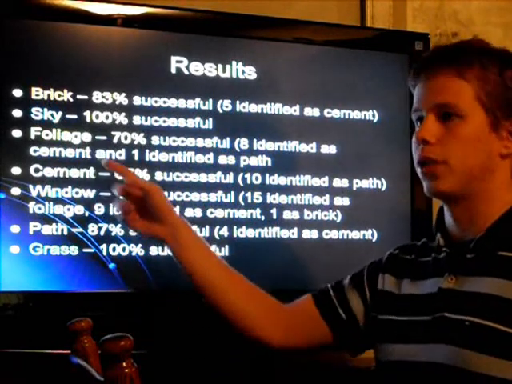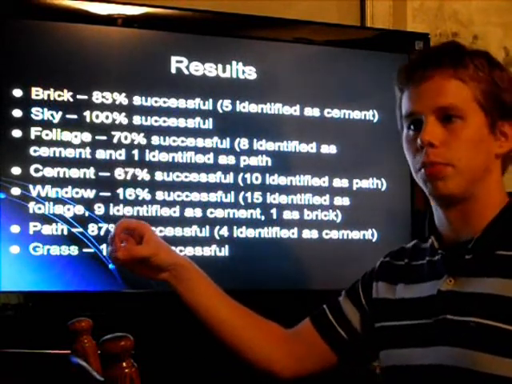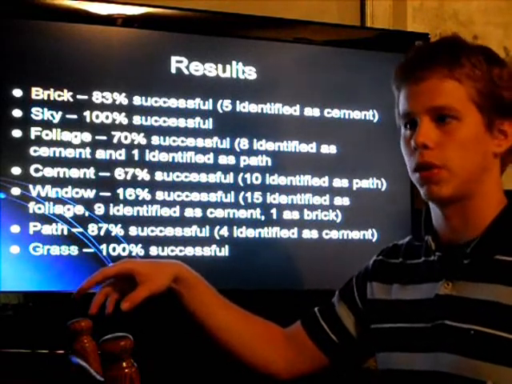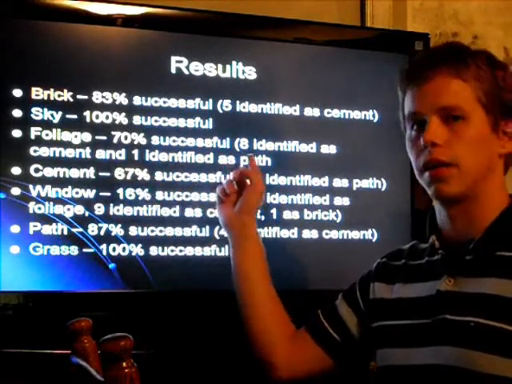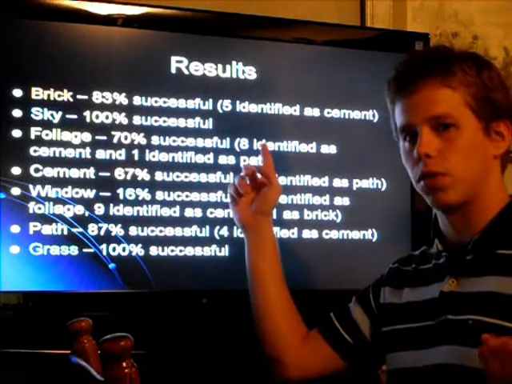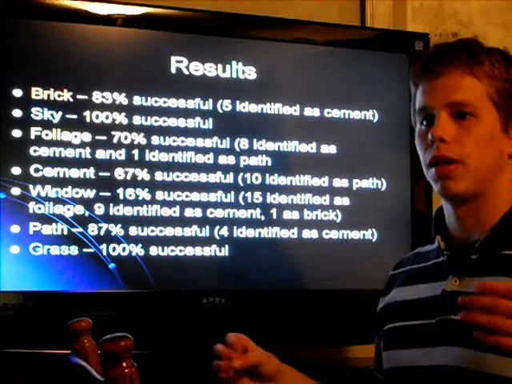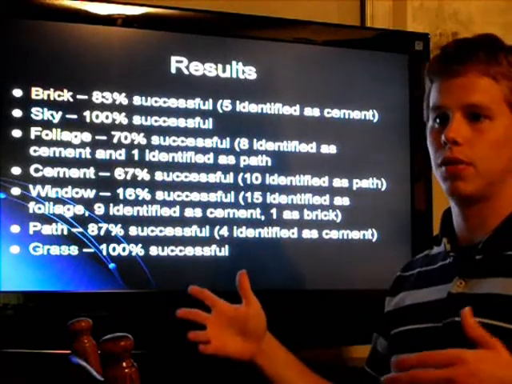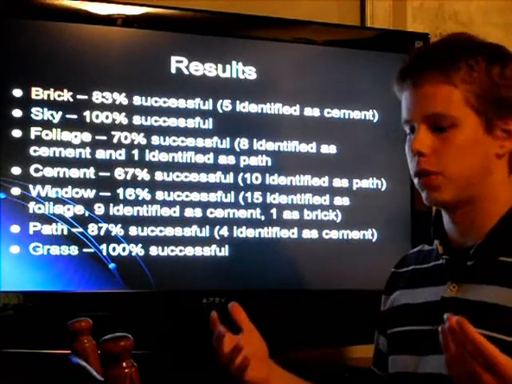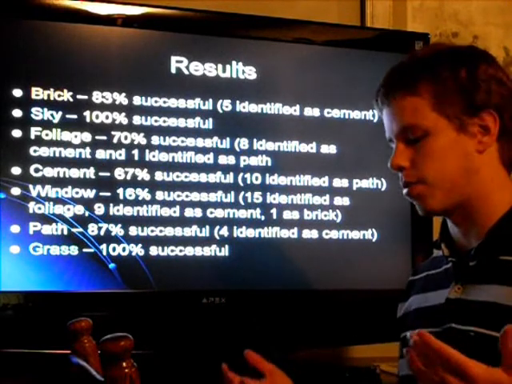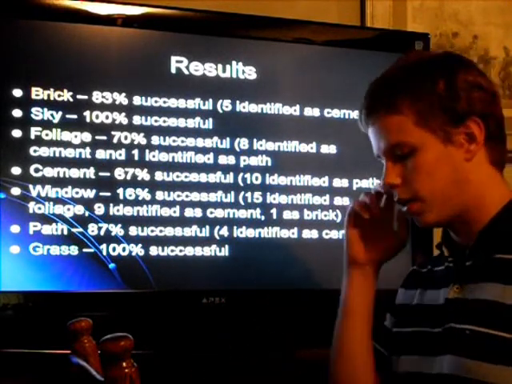If these bush leaves and tree leaves were green, then they probably would have gotten a little mixed up with the grass. But instead, it got mixed up: 8 identified as cement and 1 identified with the path. So there was probably a lot of leaves missing from the tree, and you could see through the trees and see the path through the trees. Hence why the foliage kind of mixed with the cement, and sometimes it got mislabeled as cement.